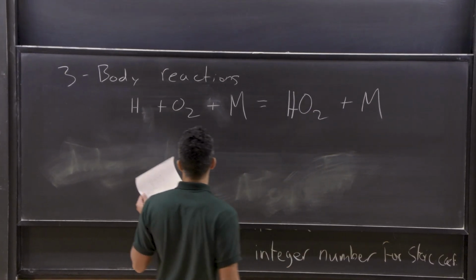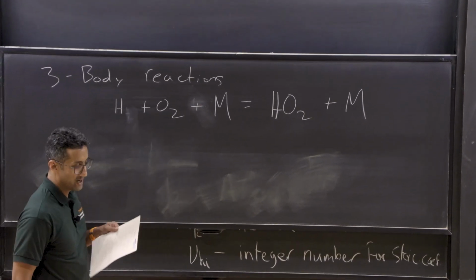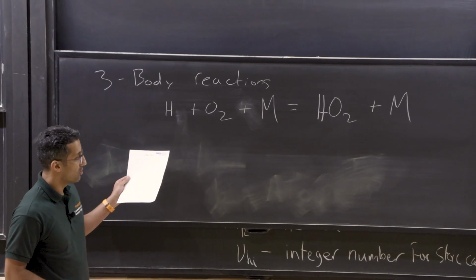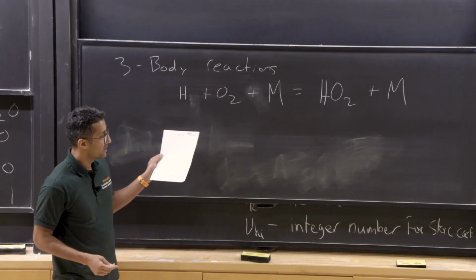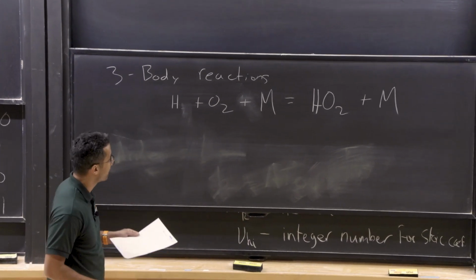When you write this kind of reaction in your mechanism, your code will solve the progress of reaction and the production rate in a different way.